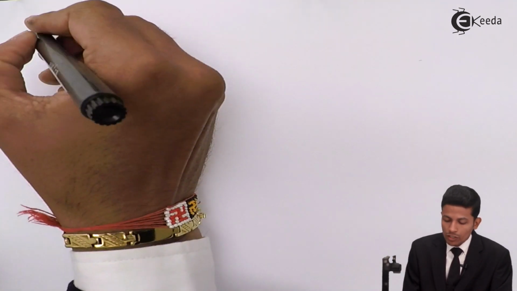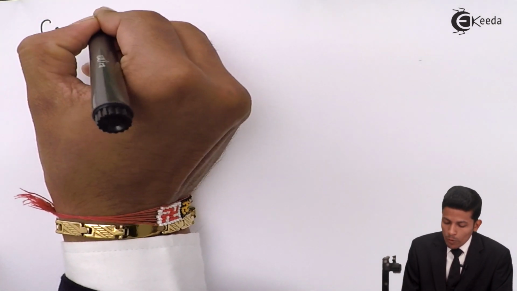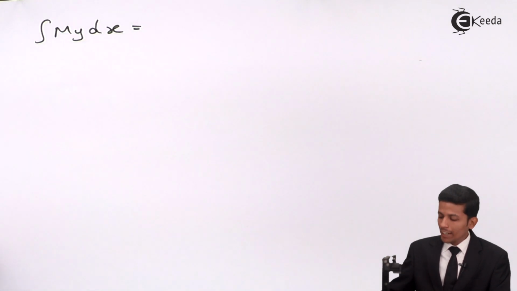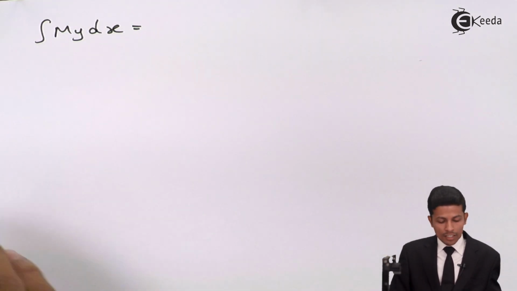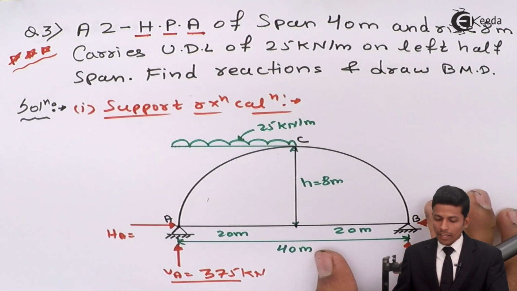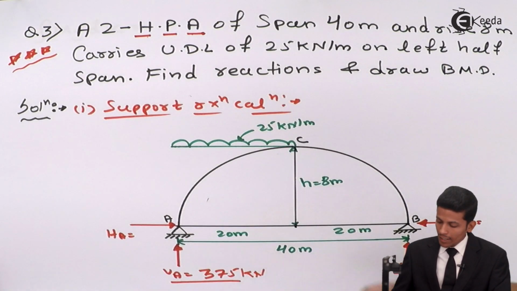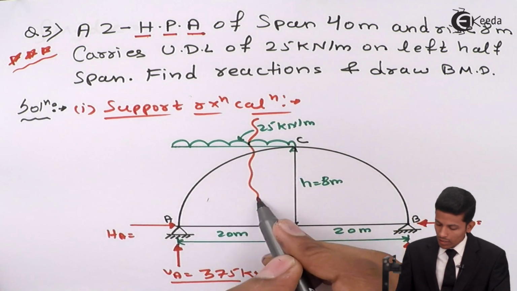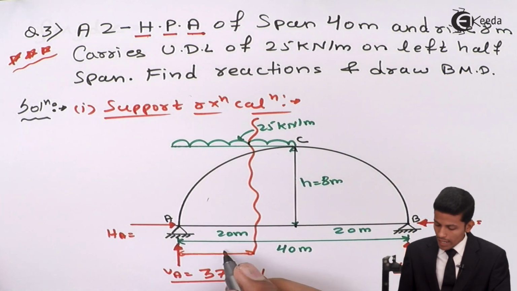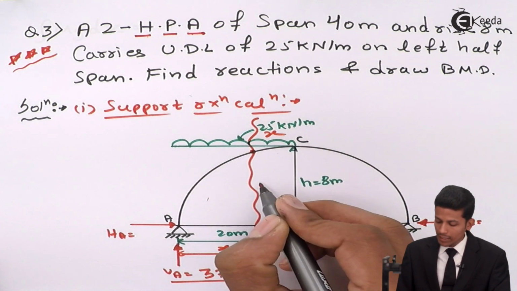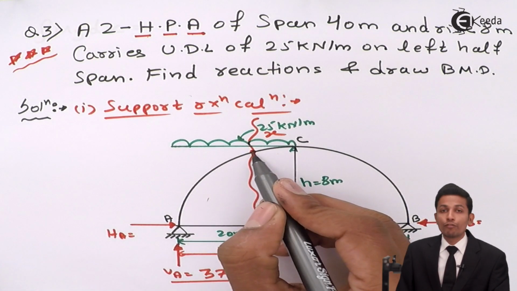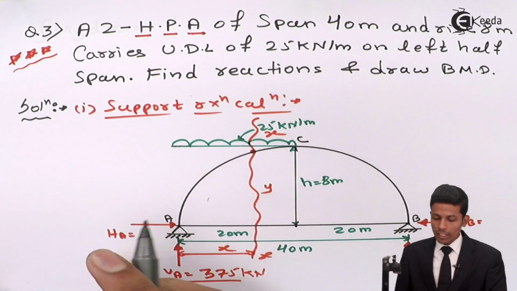First we are taking integration of M y dx. When taking integration of M y dx, take the diagram and first take the left part. Take a section over here at a distance x, section XX. We have to find the bending moment. This is x, so this is y. What value will come?